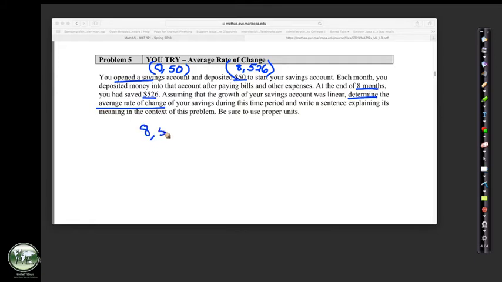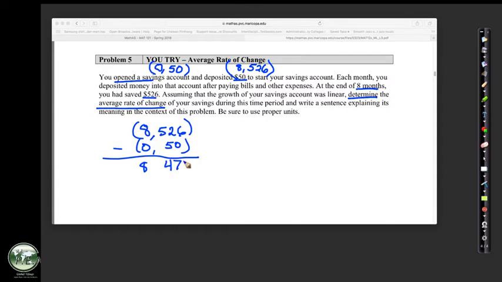(8, 526), (0, 50). And again, we just take the points and subtract them. Subtract the x's from the x's and the y's from the y's. Put the y on top and the x on the bottom. 8 minus 0 is 8. 526 minus 50 is 476.